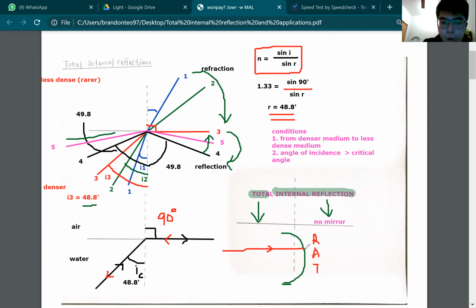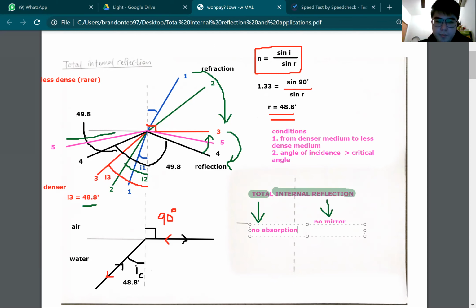In ordinary reflection of a mirror, the intensity decreases. But in total internal reflection, the intensity does not decrease. That is the special thing about it. Remember, with total there is no absorption. Let me write this down: no absorption of the light, no absorption of the energy.